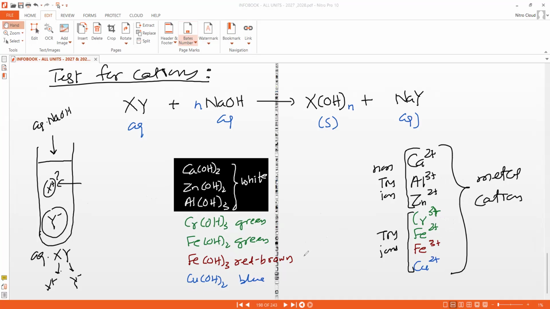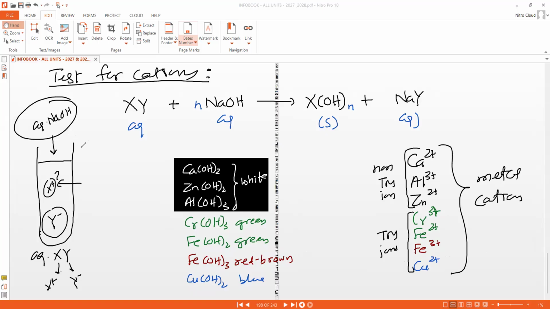If it's a red brown precipitate, then the ion present has to be Fe3+, because the precipitate is iron 3 hydroxide, which is a red brown colored insoluble substance. These are the colors of all these insoluble hydroxides. If you get a blue precipitate, that means copper hydroxide is formed, and the cation present must be Cu2+.